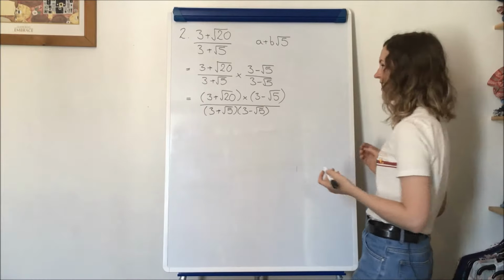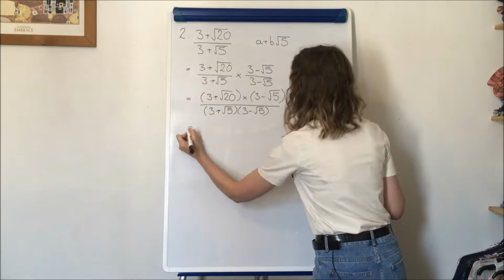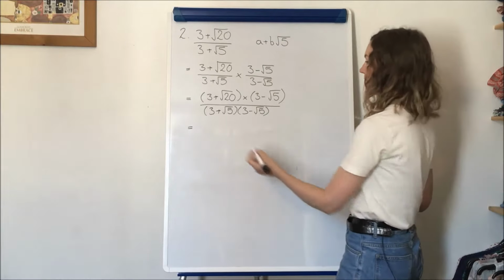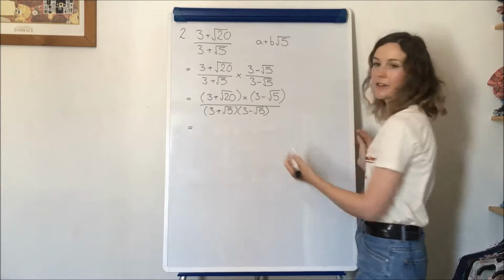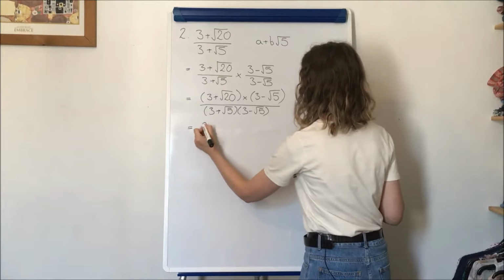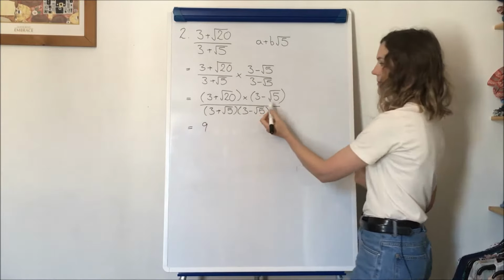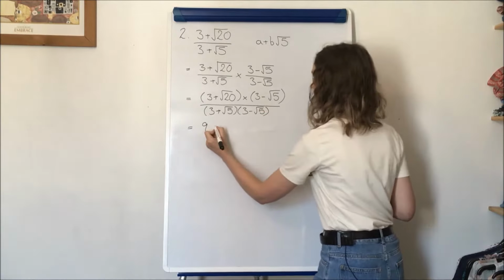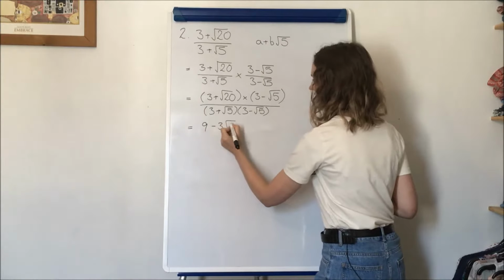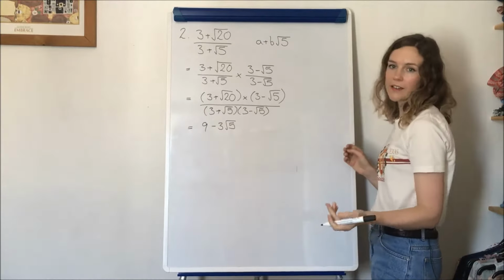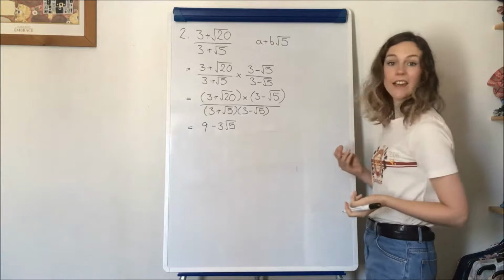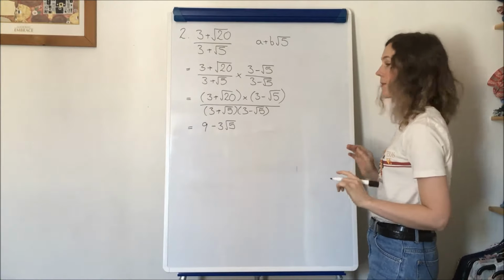They mean the same. So if we multiply these brackets out, we've got 3 times 3 on the top, which is 9. 3 times minus root 5 is minus 3 root 5. Just for now, treat the roots as if they're letters, like x or whatever. Don't try and do anything with them.